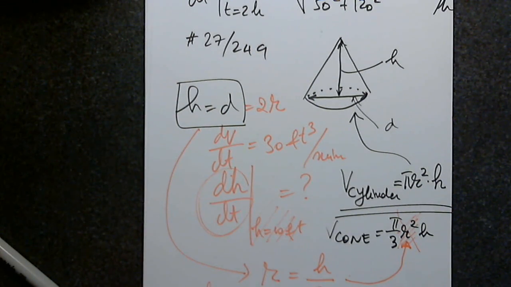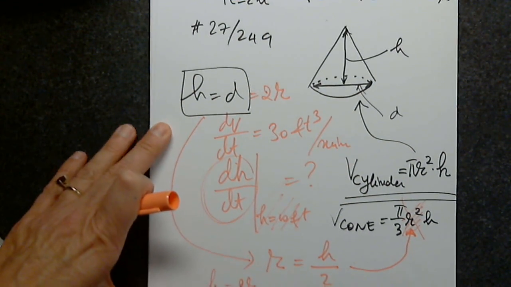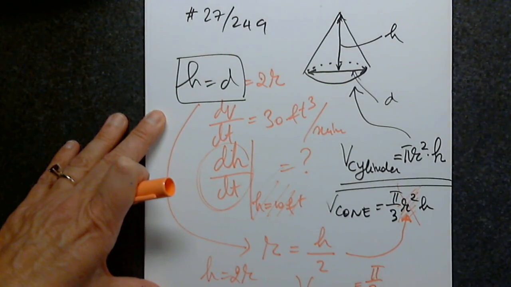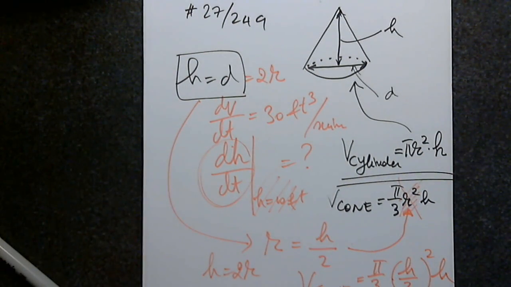The radius in the volume of the cone has to come out, has to be replaced by h squared over 4. So then the volume of the cone for our situation is pi over 3 times h over 2, everything squared, replacing r by h over 2. And then I copy h. Any questions so far? Is this okay? Are you with me?